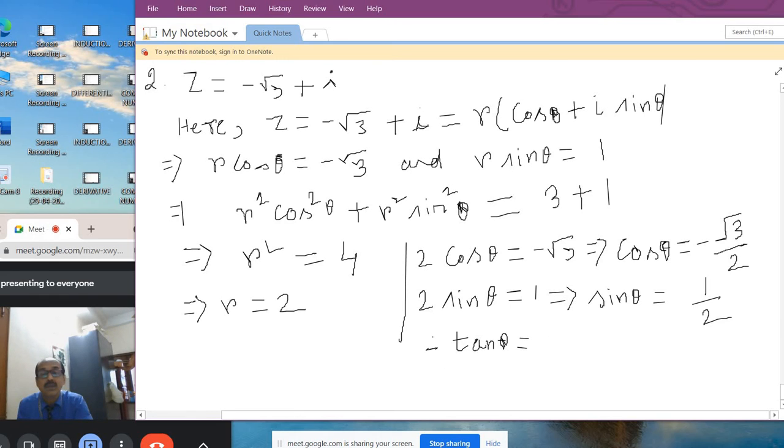And tan alpha is equal to mod of tan theta, which is 1 by root 3.